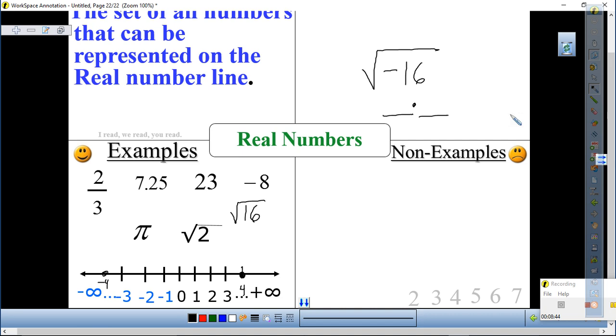Let's see. Kylene, is this a real number? Yes. So what number times itself gives us -16? 4 times 4 is 16, because the rule is a number times itself.